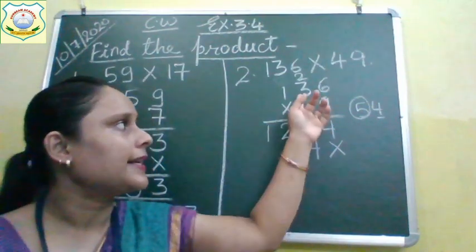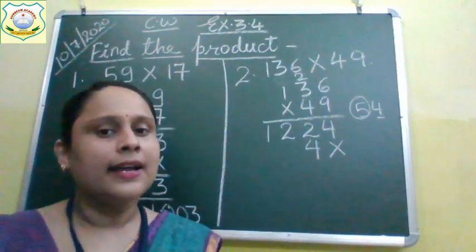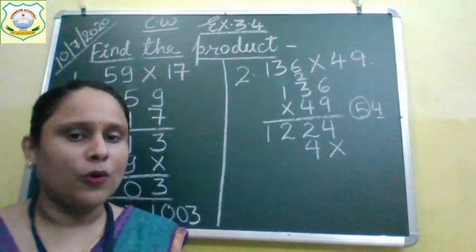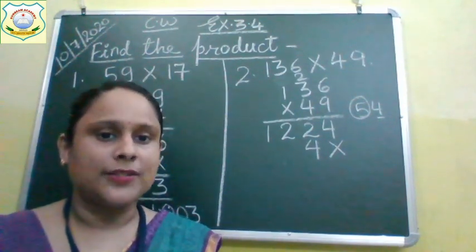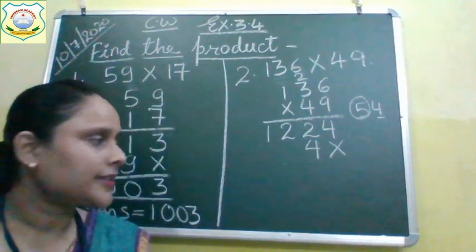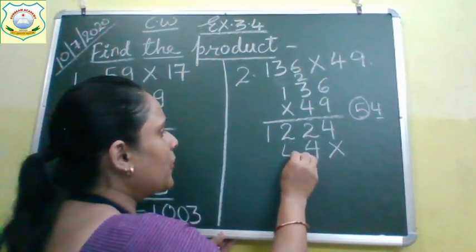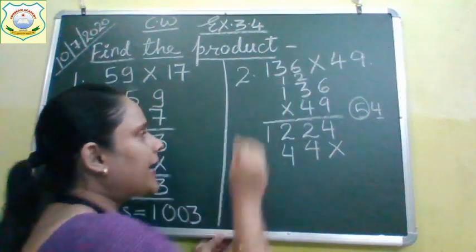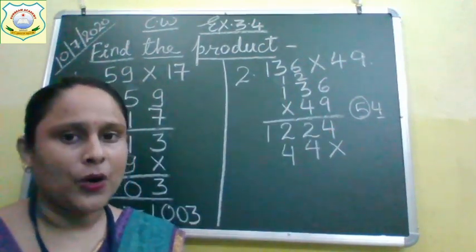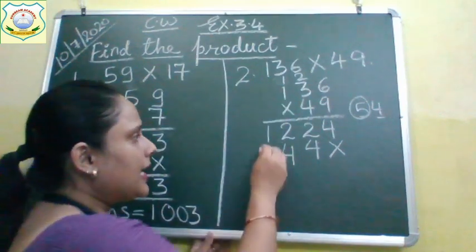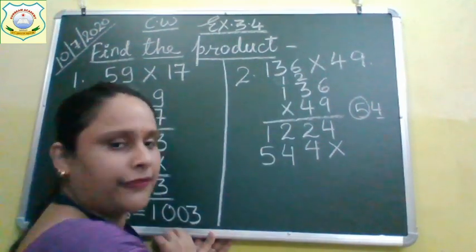Now 4 will be multiplied to the number written in the tens place. 4 threes are 12. 12 plus 2 is 14. So write 4 and take 1 carry. Now 4 ones are 4 plus 1 is 5.